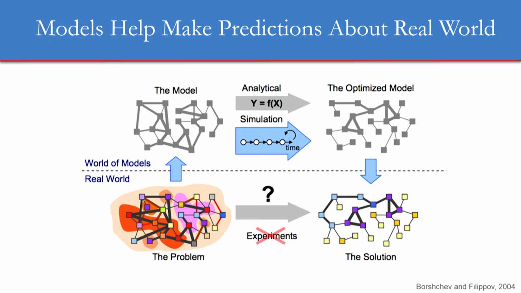So the problem in the real world is first mapped to its model in the world of models, a process called abstraction. We then use analytical methods or simulation to arrive at the solution in the world of models. This process is captured by optimization of some features in the model.